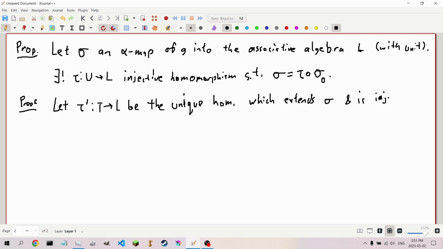Then what we can do is look at how it acts on our J here.